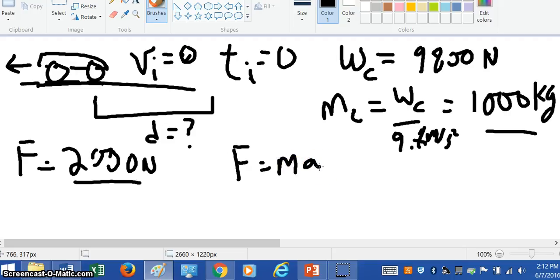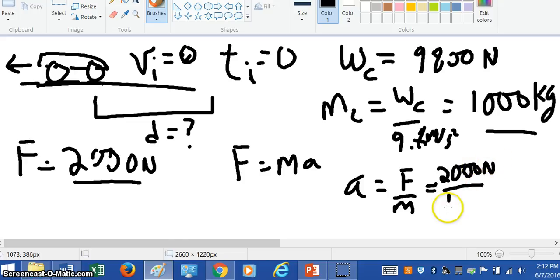So the acceleration is going to be the force divided by the mass. It's 2,000 newtons divided by 1,000 kilograms, and so it's an acceleration of 2 meters per second squared.